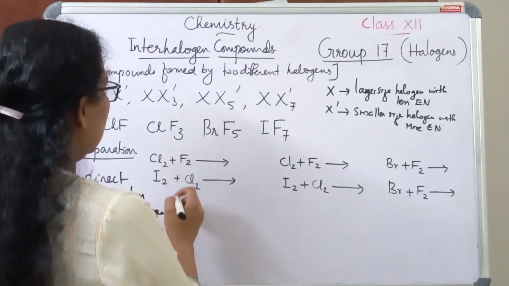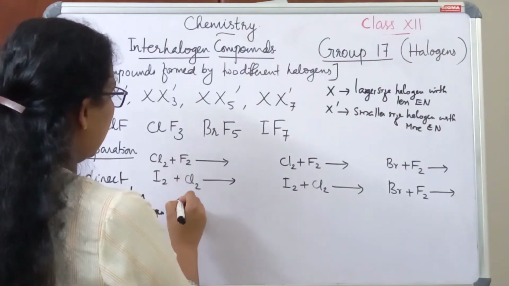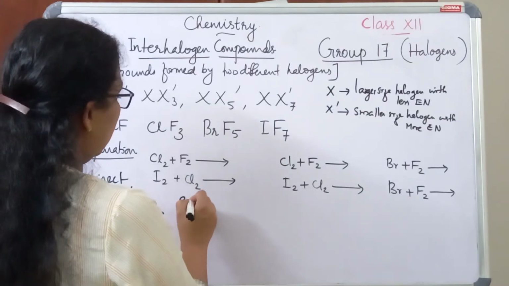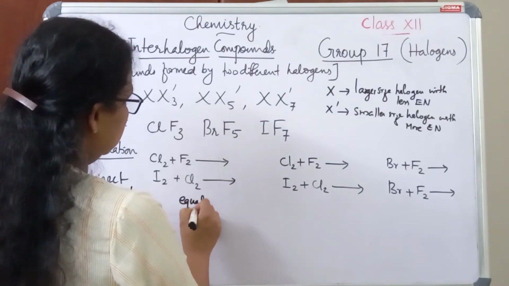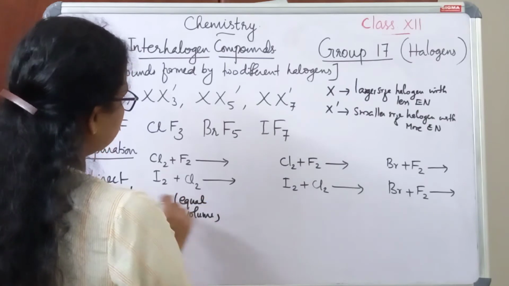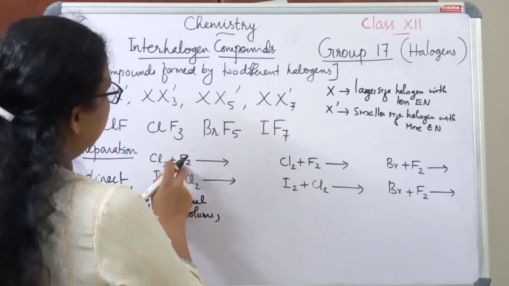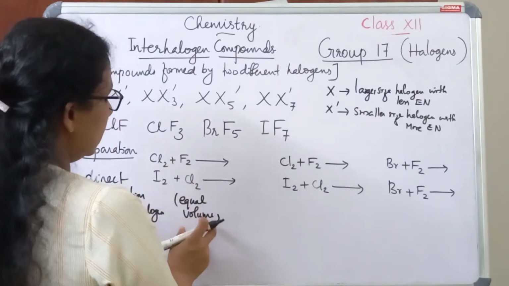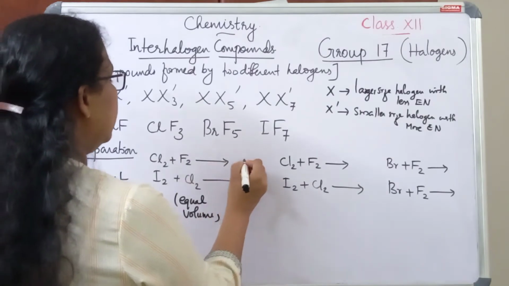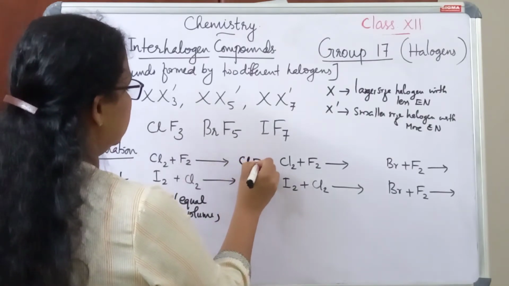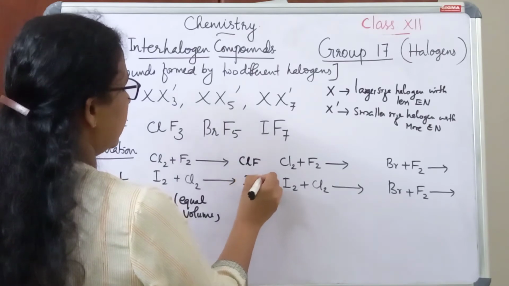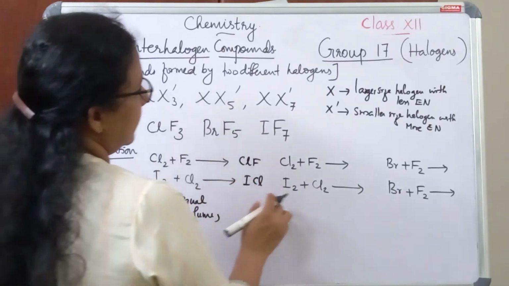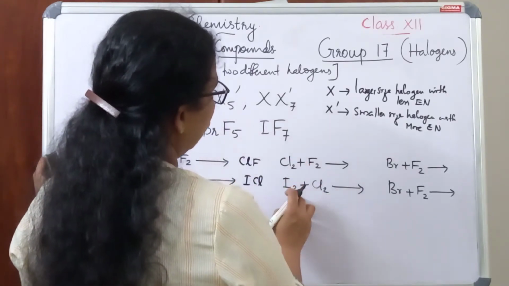Here the reactants are to be taken in equal volume. So Cl2 and F2 in equal volume and I2 and Cl2 in equal volume. We will get the product as ClF. Here it is ICl.